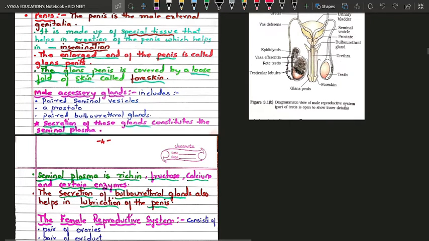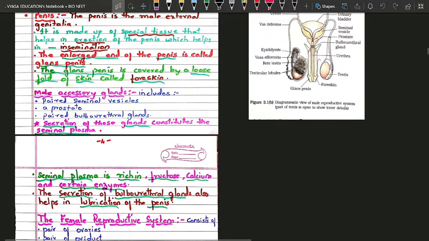The secretion of these glands constitutes the seminal plasma. So what is seminal plasma? Seminal plasma is the secretion of the seminal vesicles, prostate and bulbourethral glands. Just remember, it can be asked in NEET also.